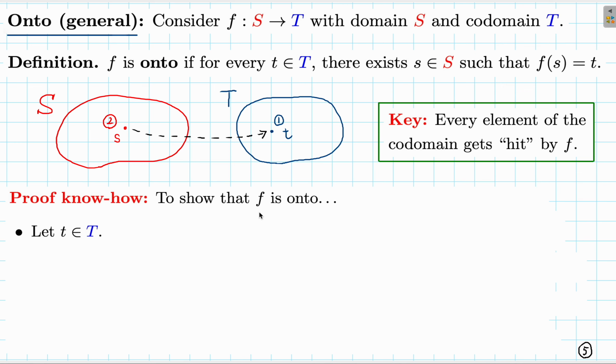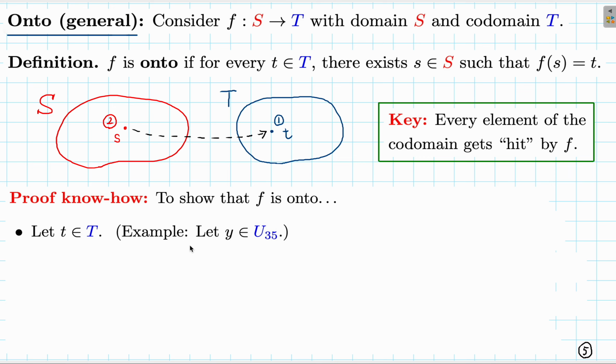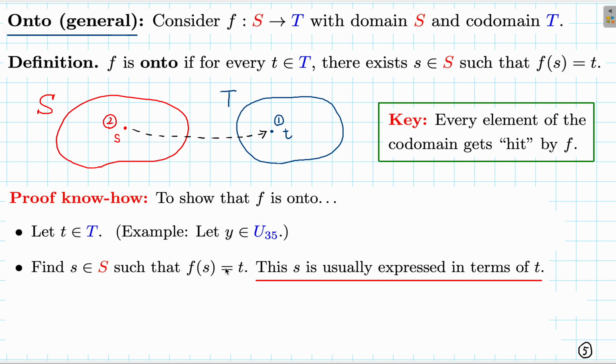So to show that f is onto, once again, we start with an element of the codomain. So we let little t be an element of the codomain capital T. In our example proof, we began with let y be an element of the codomain U35. And then the next step is that we must find s in the domain such that f of s is equal to t.